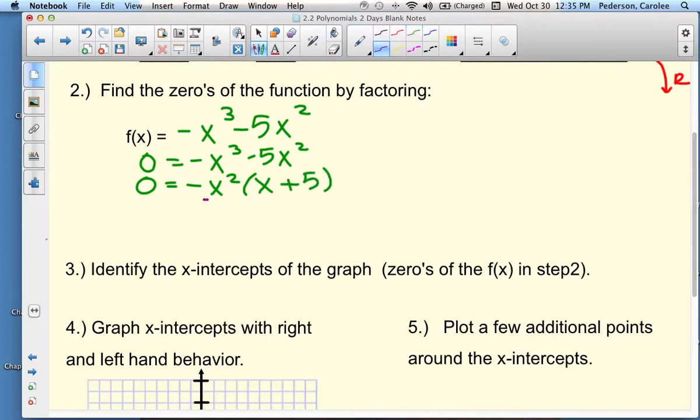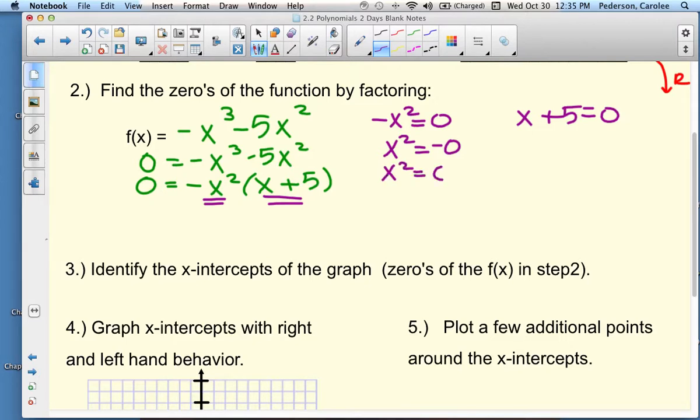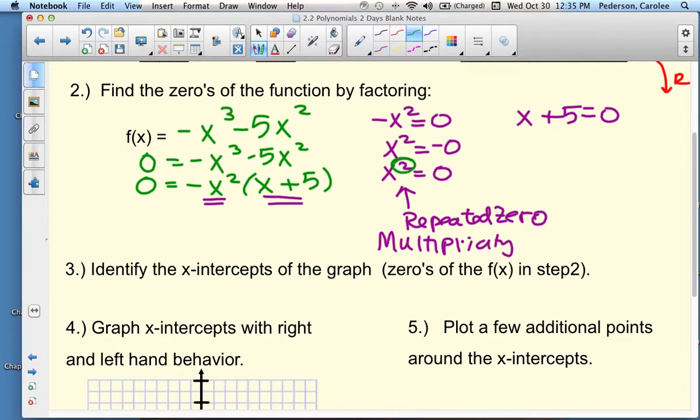Then I set those factors equal to 0 and solve for x. So I get negative x squared equals 0 and x plus 5 equals 0. If I solve this for x, I divide by negative 1, I still get 0. This is telling me I have a repeated 0 at 0, and its multiplicity is 2, which is even.